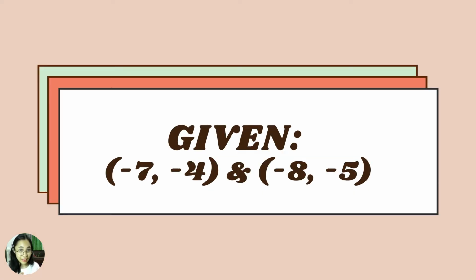And again, the given problem is point negative 7, negative 4, and negative 8 and negative 5. So let us jump right into the video and solve this problem so that we can find the midpoint formula.